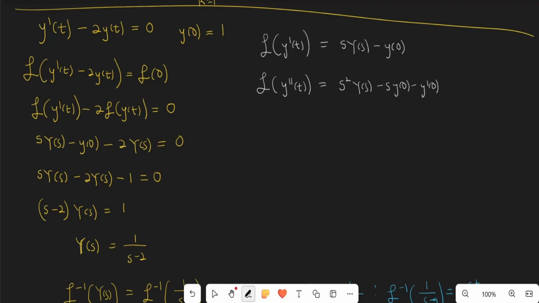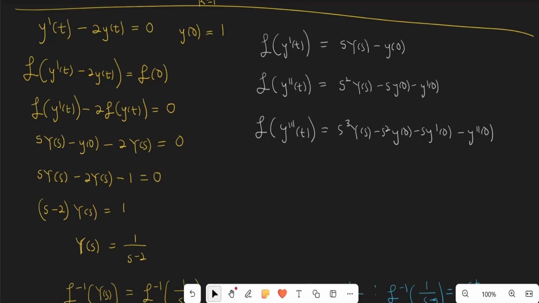We will be using this one a lot, right? But in the exceptional case, we can have the Laplace transform of y triple prime of t, and this one is equal to s cubed Y of s minus s squared y of 0 minus s y prime of 0 minus y double prime of 0, like this.